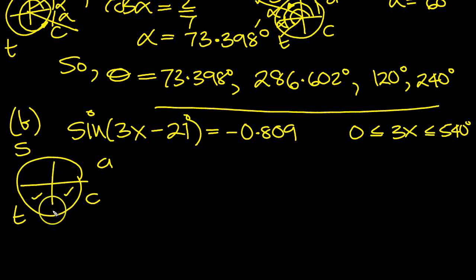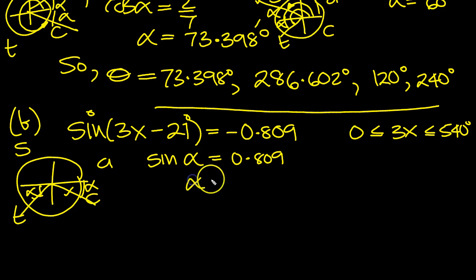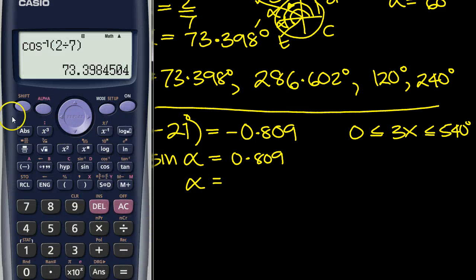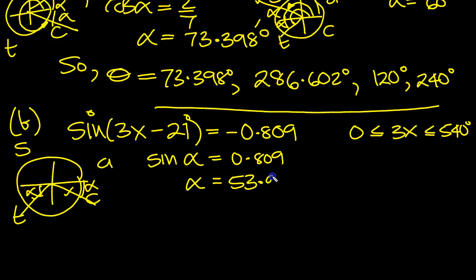So basically we can go around it once more again. It's only going to be these two. So draw two lines and mark off alpha, and write sine alpha is equal to 0.809. So alpha is shift sine 0.809, which is 53.998 degrees.